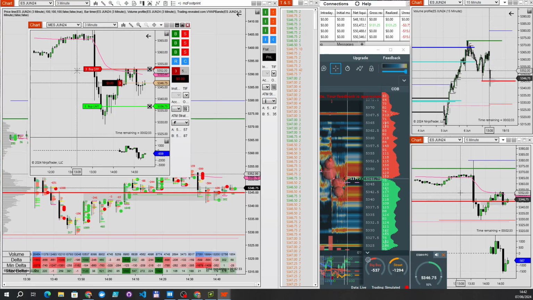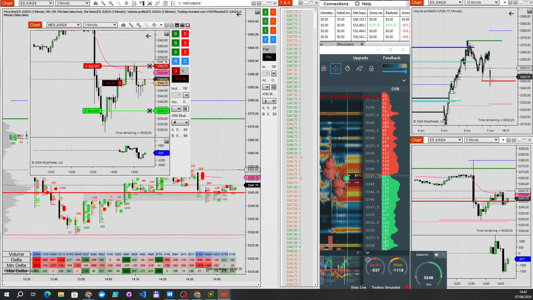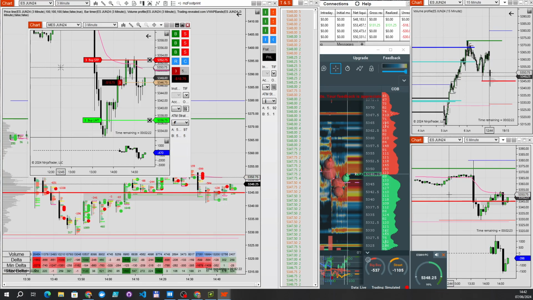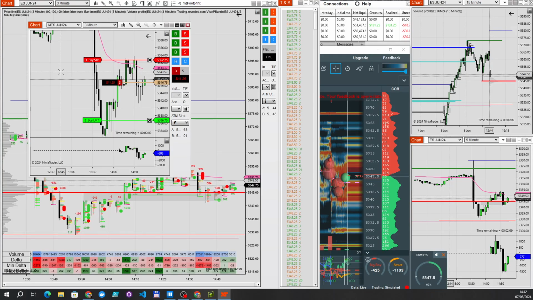What I'm trading right now is this little bounce, but it has to work pretty fast for me. If it doesn't, then I'm out. Hmm. We might push.